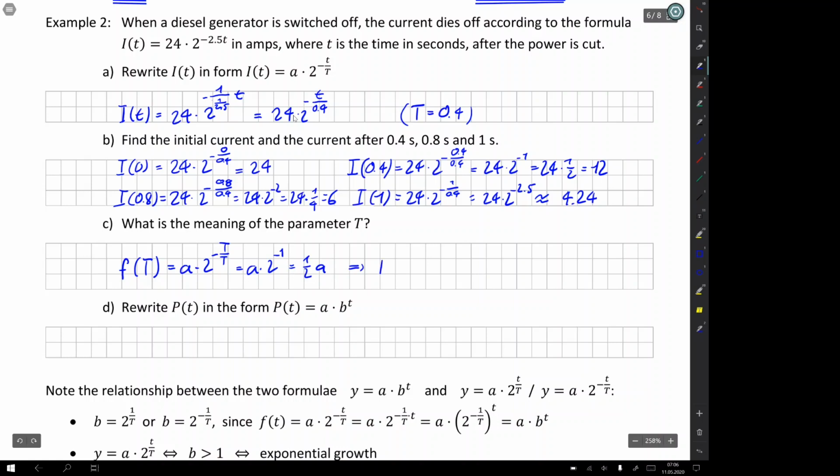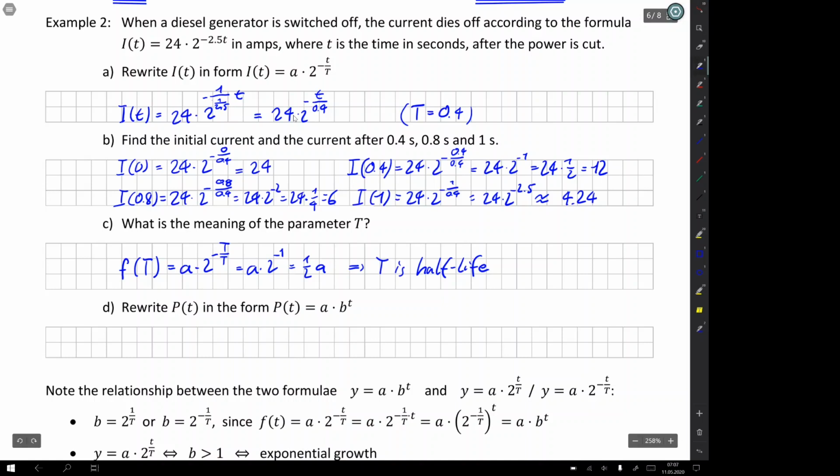So we have shown T is then the half-life. So here, when we have a minus, we have a decay. When we don't have the minus, we have growth, and the capital T is just the parameter. It describes the doubling time or half-life.